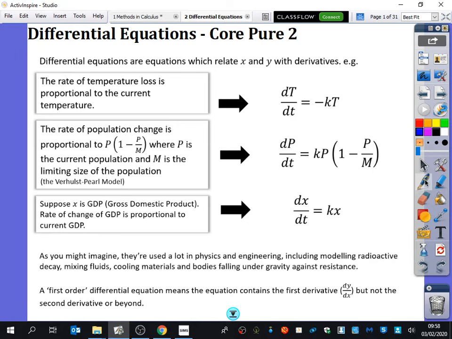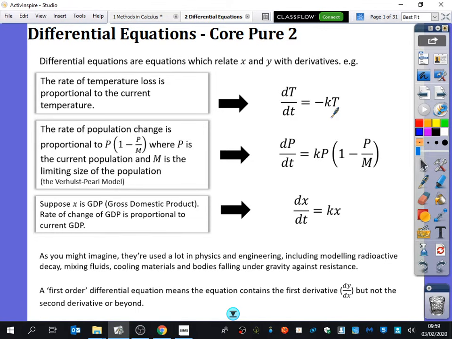So it says here, differential equations are equations which relate x and y with derivatives. For example, the rate of temperature loss is proportional to the current temperature. So here you've got dT/dt is equal to minus kT. Can we just try and break that down? What does dT/dt actually mean? The derivative of T with respect to t.